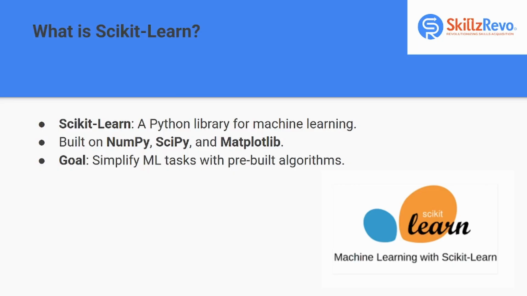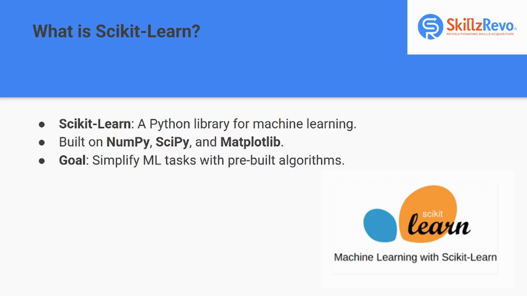It's built on NumPy, SciPy and Matplotlib. NumPy is a numerical library built for numerical Python operations, and SciPy and Matplotlib are also Python libraries. We say it is built on top of NumPy, SciPy and Matplotlib, and the goal is to simplify ML tasks with pre-built algorithms.